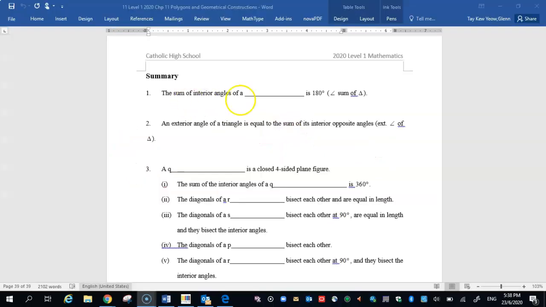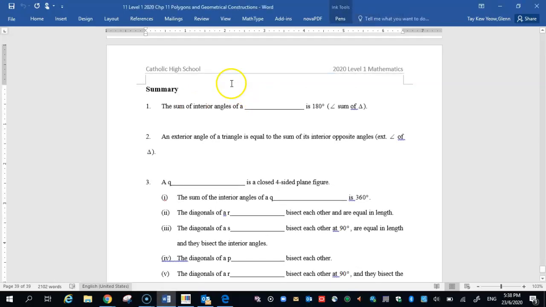Okay, so now let's finish up this summary quickly. The sum of interior angles of a triangle, you can just quickly write this down. Then the next one: the exterior angle of a triangle is equal to the sum of its interior angles, and that is the exterior angle of a triangle.